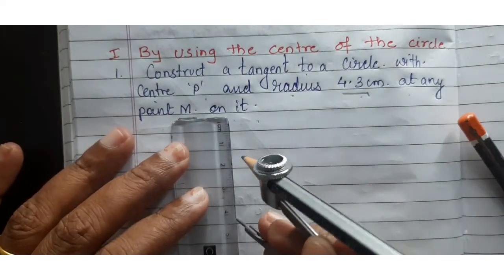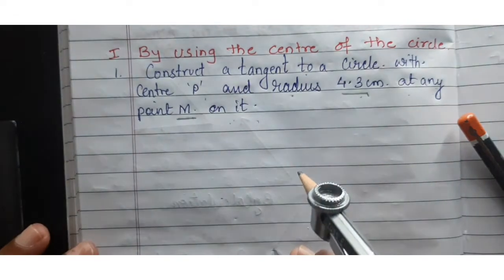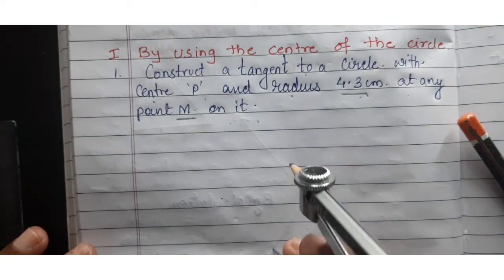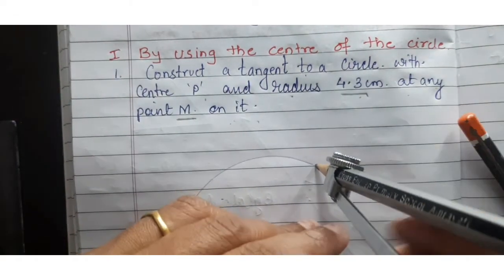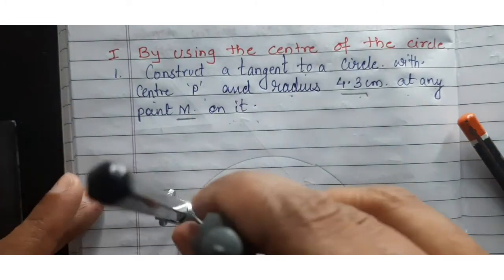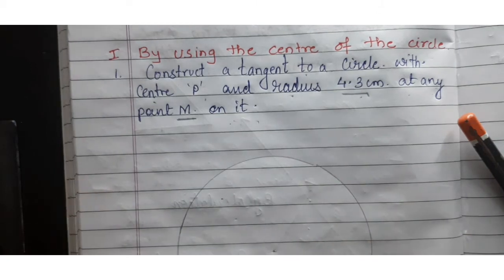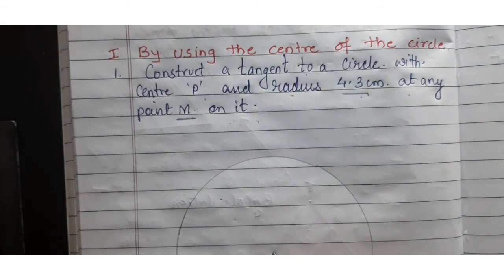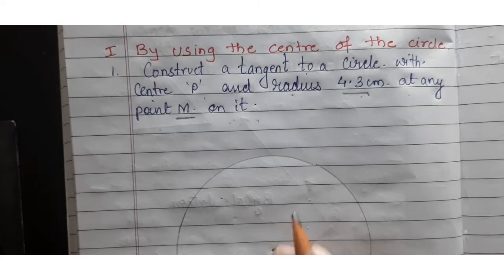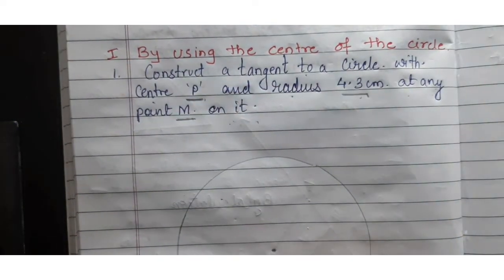So 3 lines after 4. I'll be keeping the pointer and drawing a circle. Now wherever the pointer was, that will be the center of the circle, and the center of the circle is P. So P I'll be taking over here.